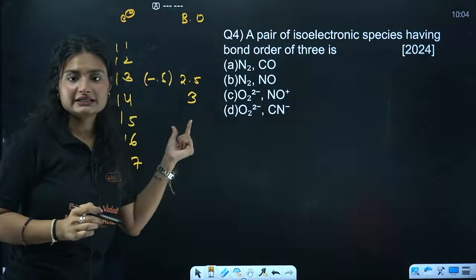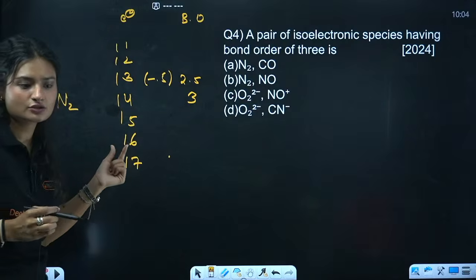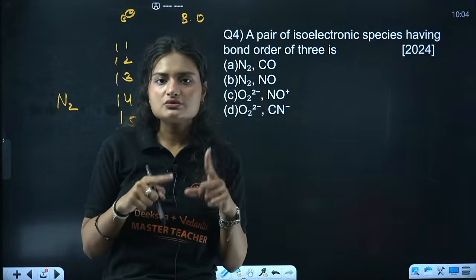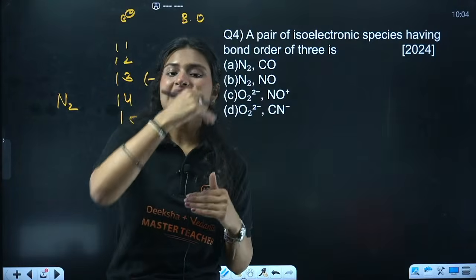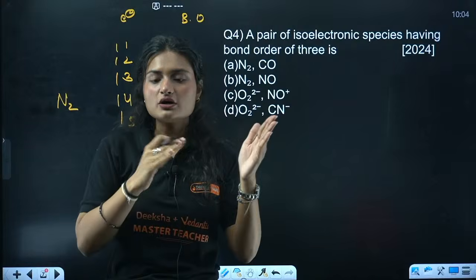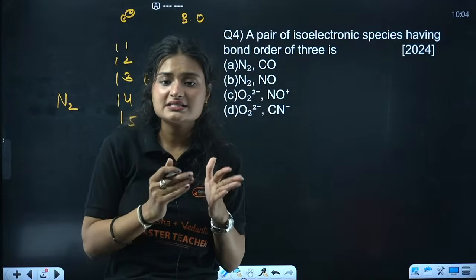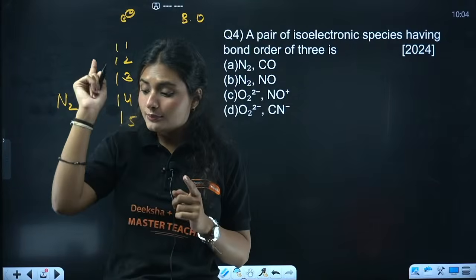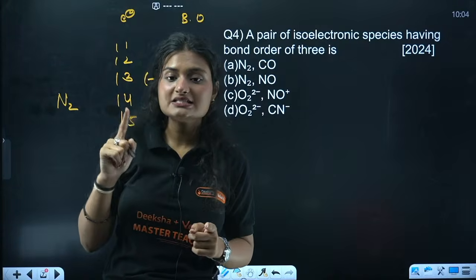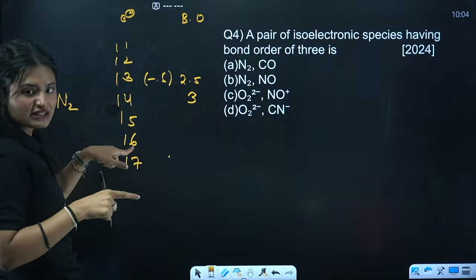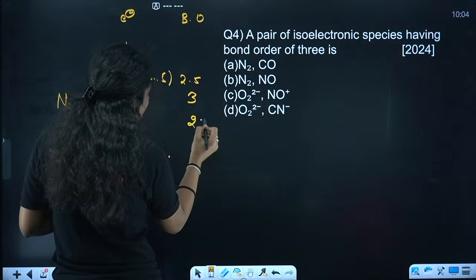Clear? Similarly, the standard is nitrogen. Nitrogen has 14 electrons, the bond order is 3. But if you increase or decrease the electrons, in both cases, the bond order decreases by 0.5. So see here, if we go from 14 to 15 electrons, the bond order will be 2.5.